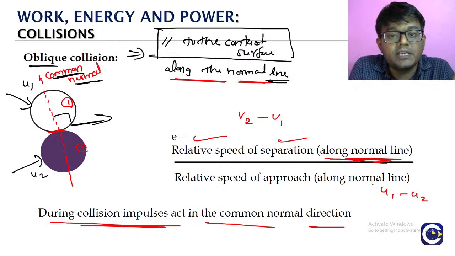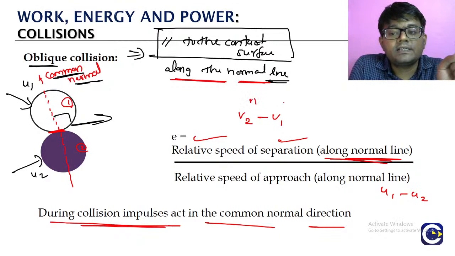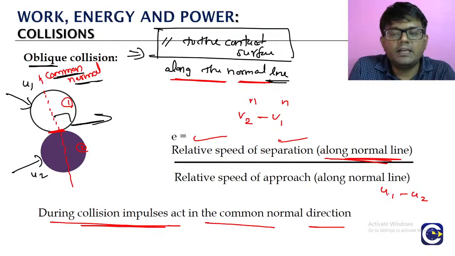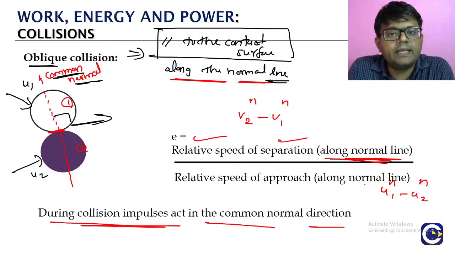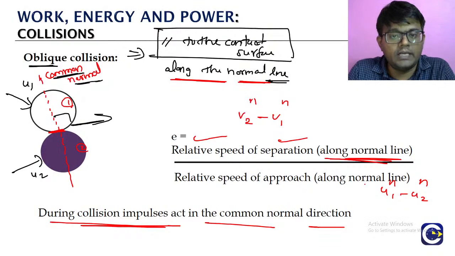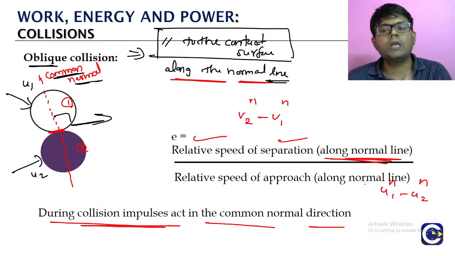Here, we consider the components of the final velocities of the particles along the normal line, divided by U1 minus U2, but these are not the total U1 and U2 values. These are the component of U1 along the normal line minus the component of U2 along the normal line.